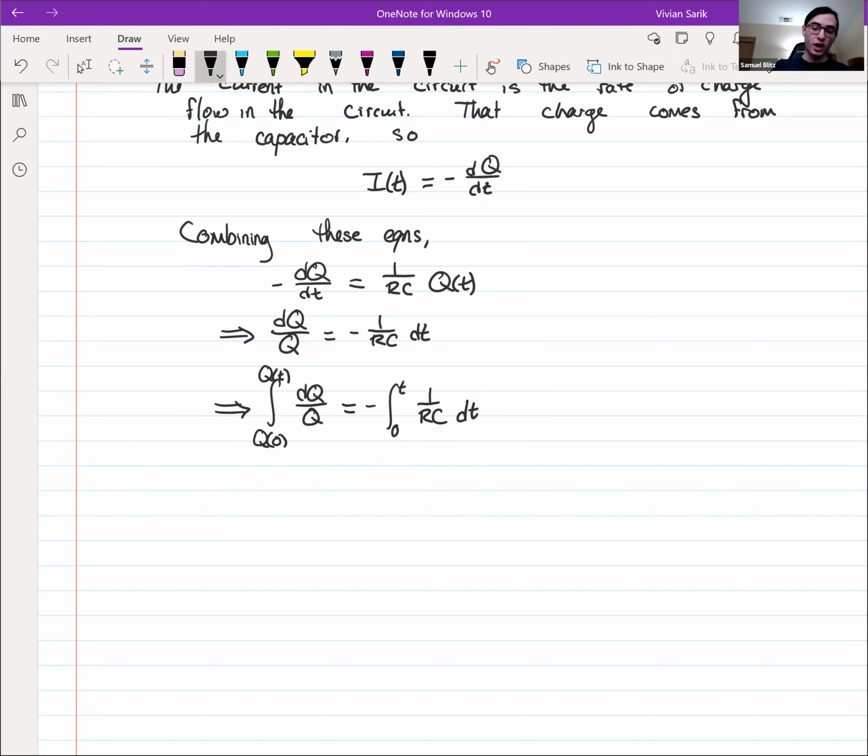So it's just the log of q of t minus the log of q of 0, right? And those just are whatever they are. And the right-hand side is just a constant times dt. So it's just minus t divided by RC. Easy integral on both sides.